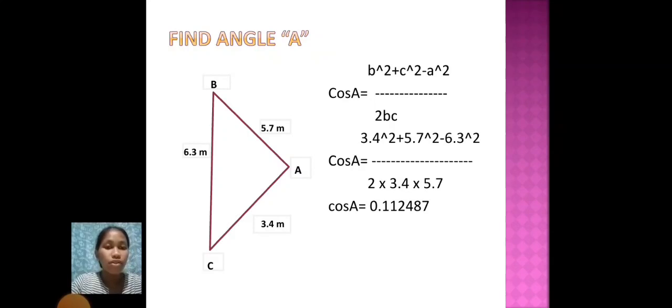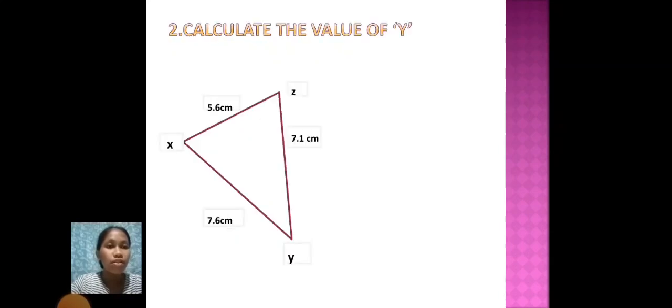So we need to use the inverse cos function: A equals cosine to the minus 1 of 0.112487. We use a calculator to solve this. So our angle A is 83.5 degrees.